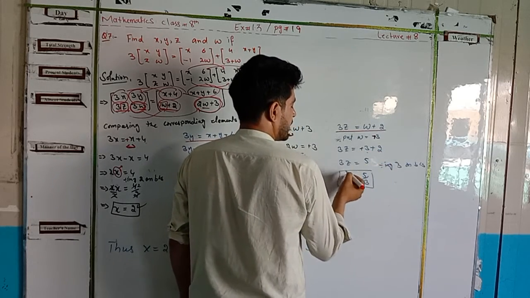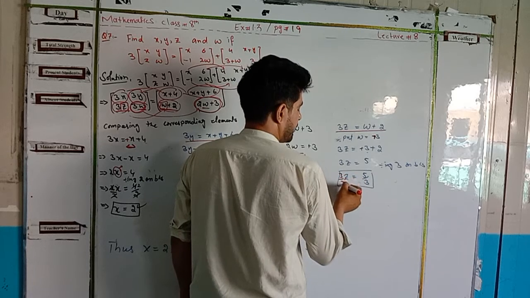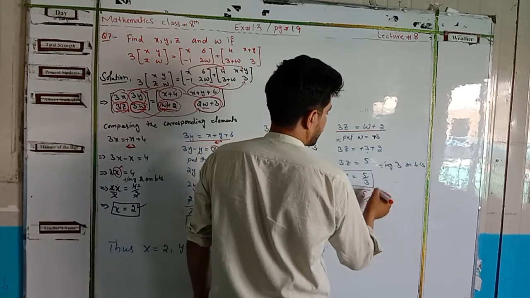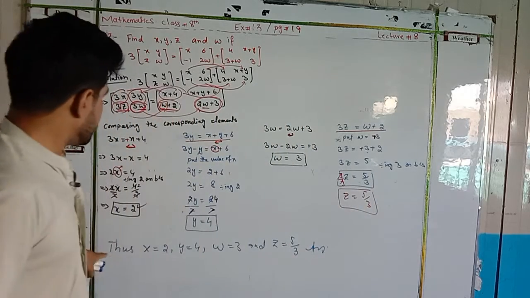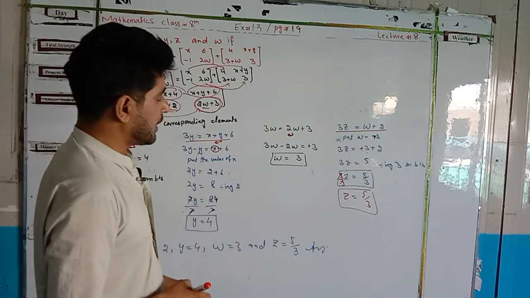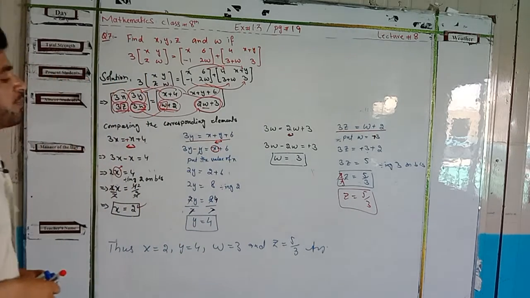Dividing by 3 on both sides, z is equal to 5 by 3. So thus x is equal to 2, y is equal to 4, w is equal to 3, and z is equal to 5 by 3.